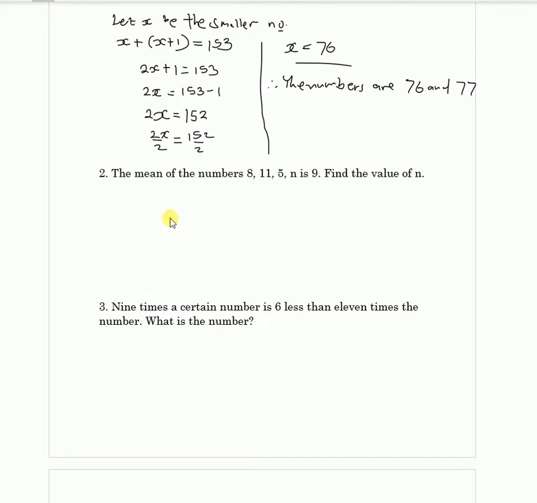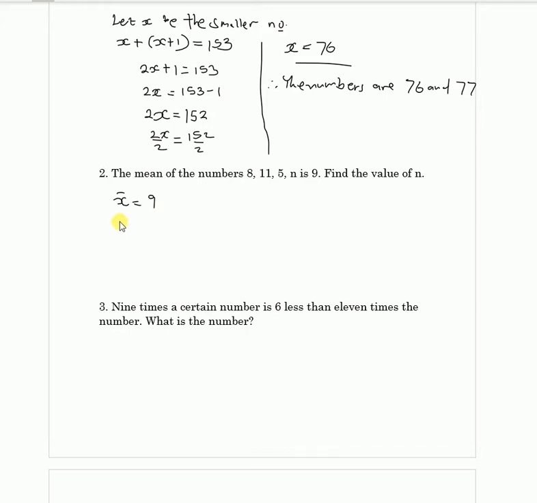We have here that the mean of the numbers 8, 11, 5, n is 9. Find the value of n. Now here we don't mind about anything, you just say how do we get the mean. You know that to get the mean, you add the numbers and divide by the number of the elements you have added. So the mean they have given to us as 9.